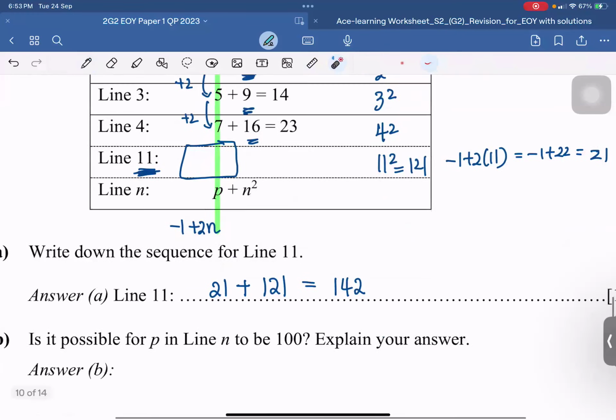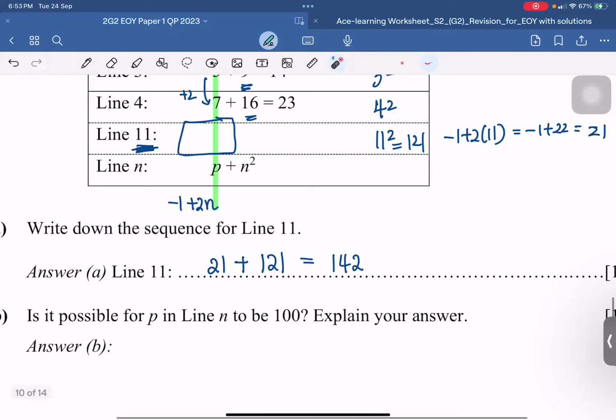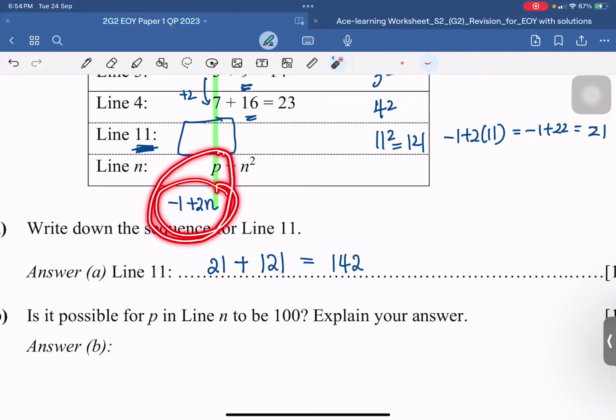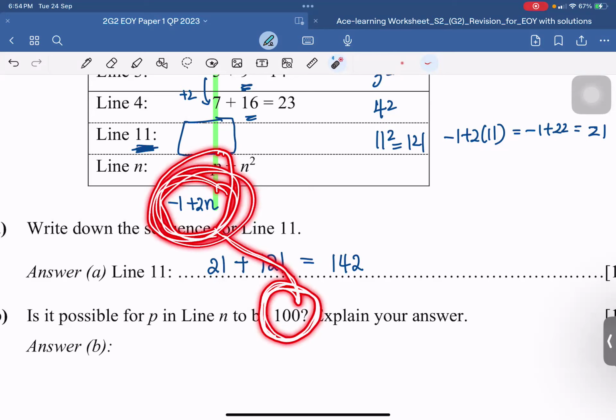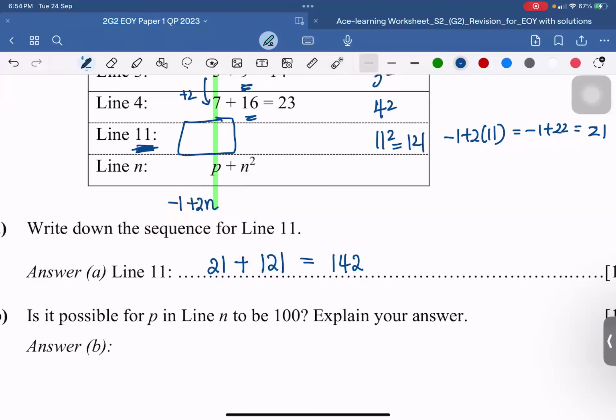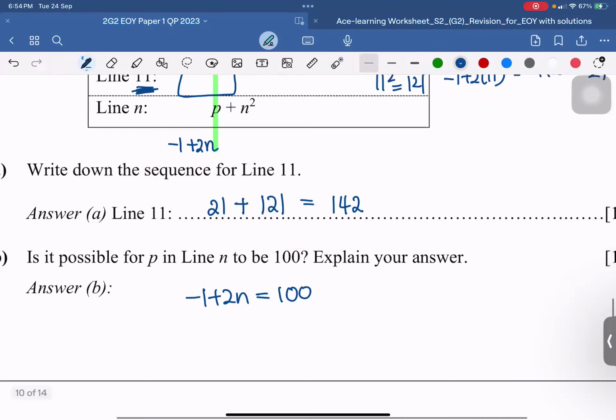Is it possible for P in line n to be 100? So they want P to become 100. So I need to take -1 plus 2n and equate it to 100. -1 plus 2n equals 100. What's my purpose? Find the n. So 2n equals 100, move the -1 over, plus 1.